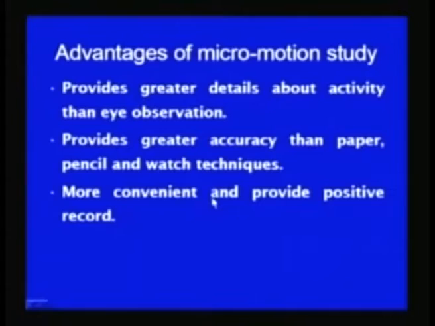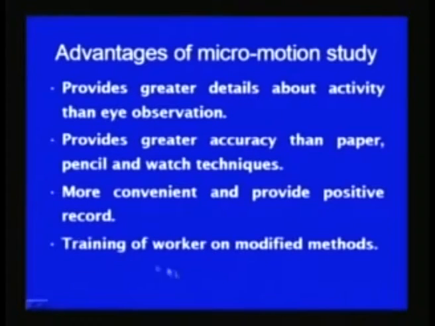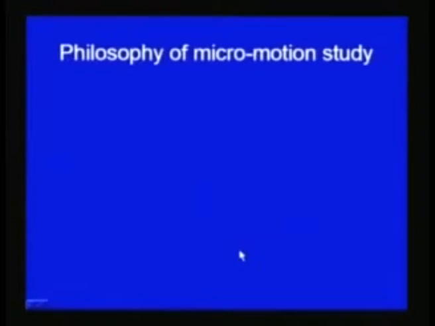At the same time, it provides a positive record of the method which is actually being used for carrying out the job, that can be used as evidence of the existing method, and later on if it is improved, the same can be used for the training of the workers after its modification. So, these last 2 points are very important: it provides the positive record, and it can also be used for the training of the workers on the improved method subsequently.